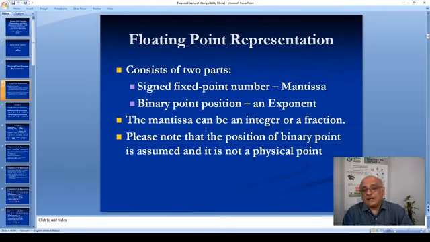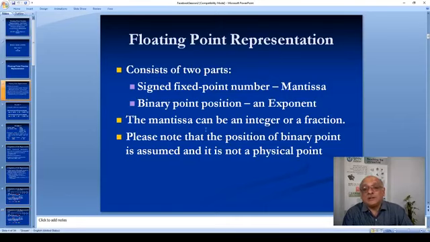Now, when we are representing these numbers using computers, the mantissa can be either an integer or a fraction. That is as simple as that. What you really need to understand is that the position of the binary point is assumed and it is not a physical point.